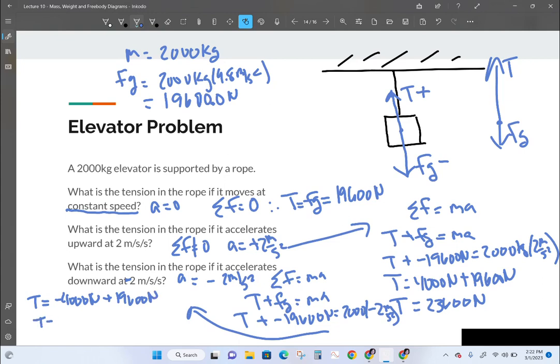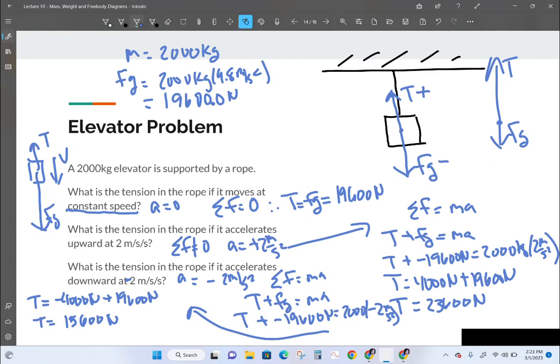So the tension would be 15,600 newtons. Does that make sense? If we have an elevator accelerating downward, in the direction of our motion, then the weight has to be bigger than the tension. It's unbalanced in that downward direction, so it has to accelerate downward.